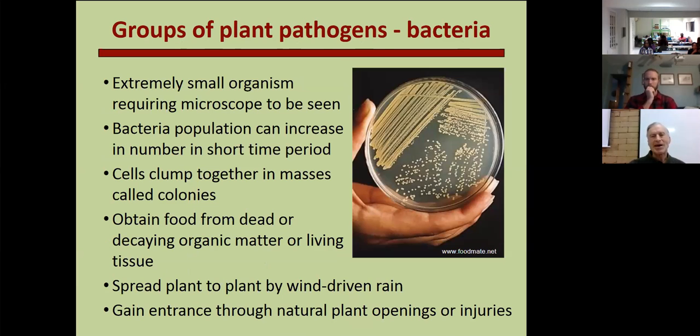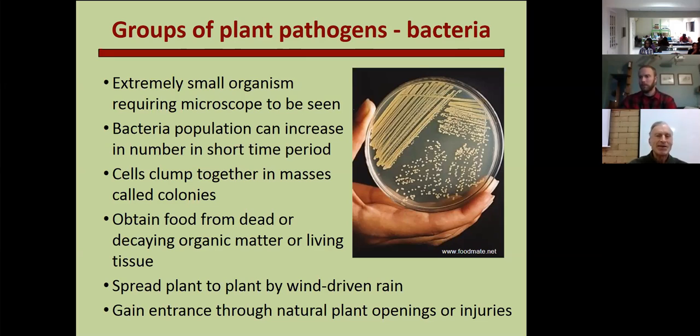The second group of pathogens is bacteria. They're very small, much smaller than the fungi, and they can only be seen with a microscope. Bacteria can multiply very quickly. Under favorable conditions, one bacterium splits into two, becoming two bacteria, and you can do that every 20 minutes.